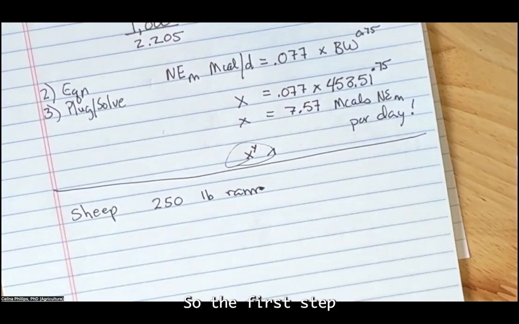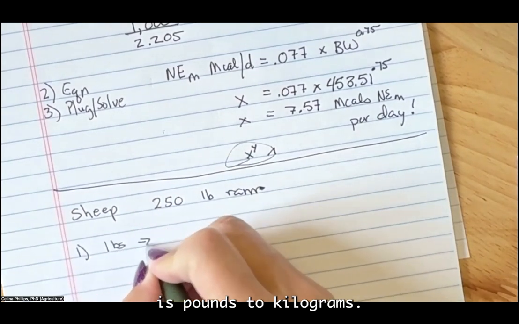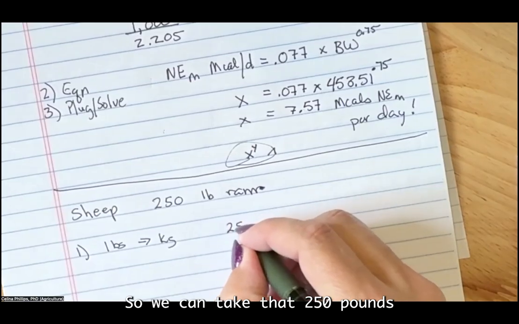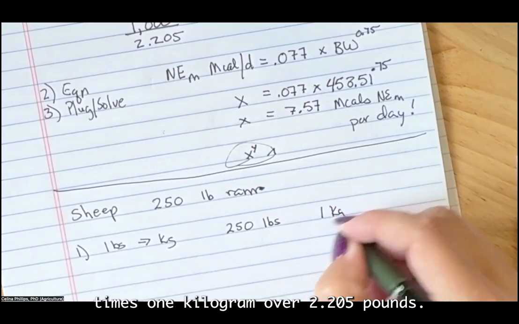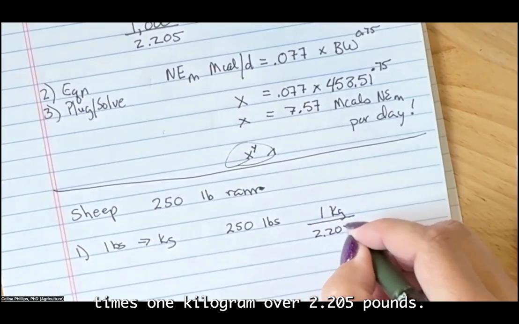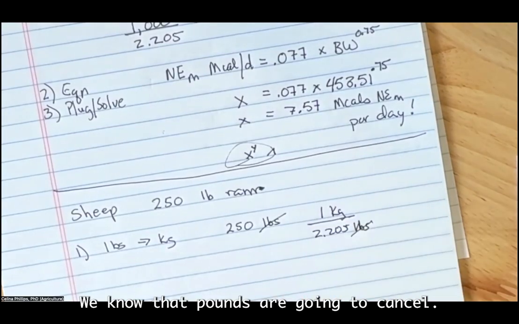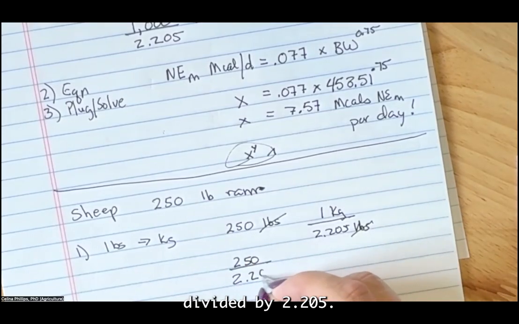Okay, so the first step is pounds to kilograms. We can take that 250 pounds times 1 kilogram over 2.205 pounds. We know that pounds are going to cancel, and that's going to leave us with 250 divided by 2.205.